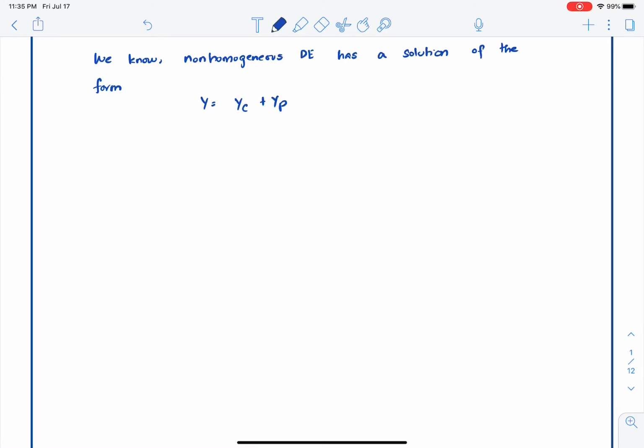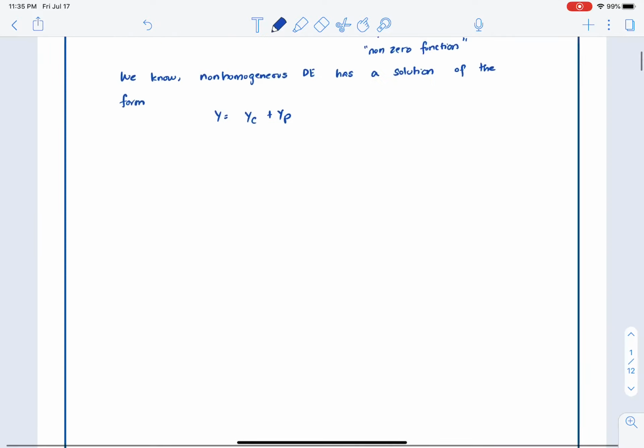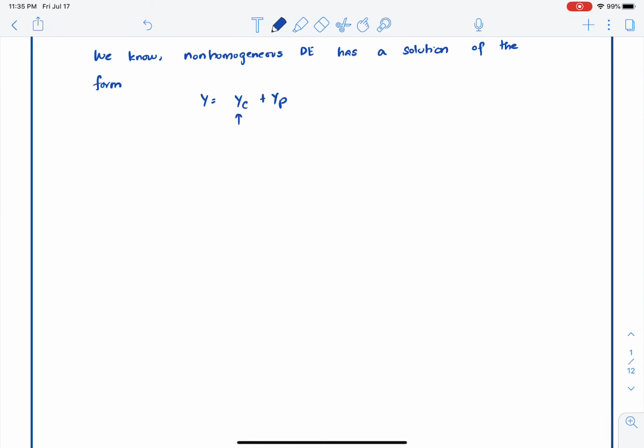Now, in a homogeneous equation, yp is 0, so we simply have the complementary function. So the particular solution is a characteristic of a non-homogeneous DE. So just to recap, this is the complementary function or complementary solution, and yp is the particular solution.